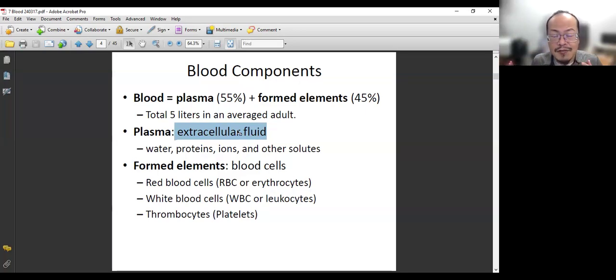Our body has a lot of water. 70% of our body's weight or volume is water. And of those 70%, part of it is extracellular, part of it is intracellular. In the cell also has water. Plasma has protein.